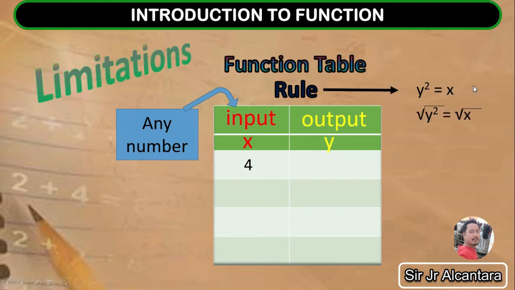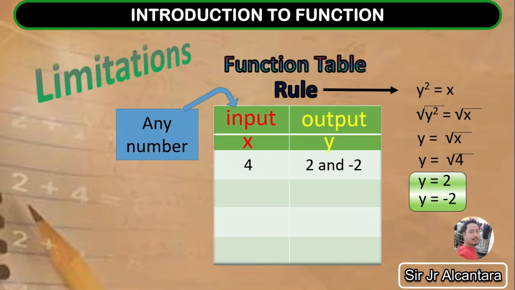So, y squared, so, y is equal to square root of x. Kasi squared natin siya, squared natin both sides. Y is equal to square root of x. Y is equal to square root of 4, at ang y is equal to 2 at y is equal to negative 2. So, dalawa. 2 and negative 2. So, kapag 9 naman, 3 and negative 3.